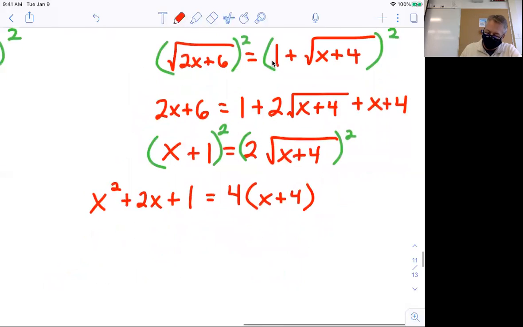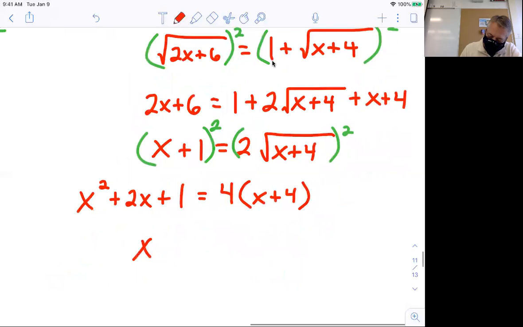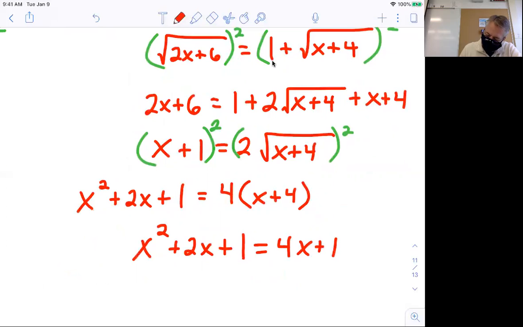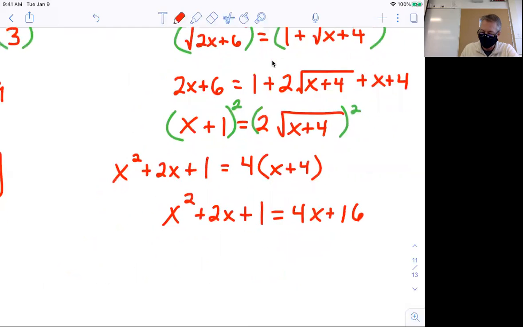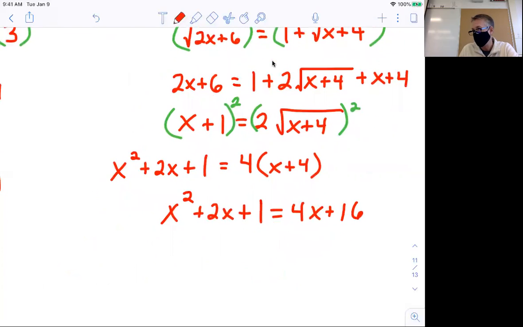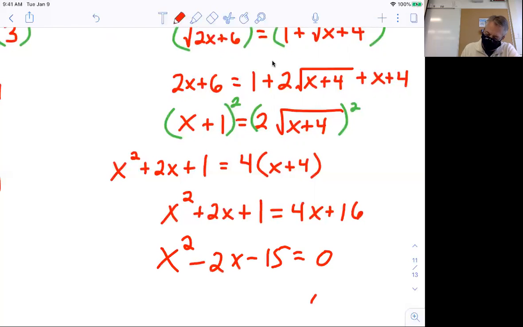I've got to distribute the right-hand side, and then I'm going to get everything on one side. So I have x squared plus 2x plus 1 is equal to 4x plus 16. And I have x squared minus 2x minus 15 is equal to 0.